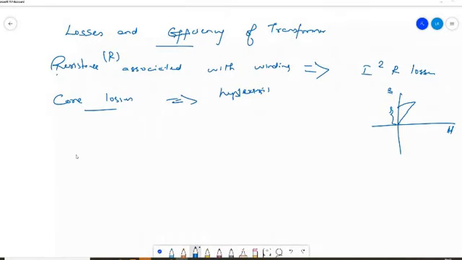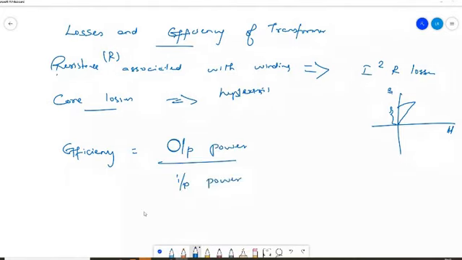In terms of efficiency, the efficiency of the transformer is the output power divided by the input power, and the output power is the input power minus losses, divided by the input power.